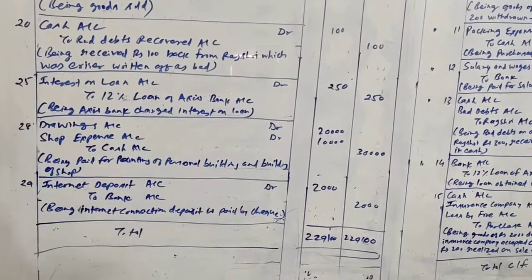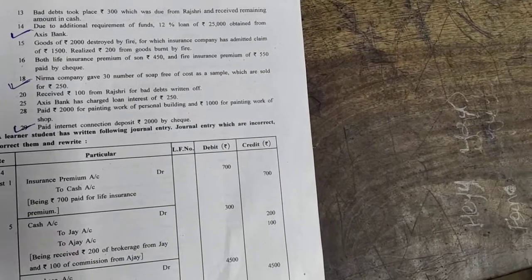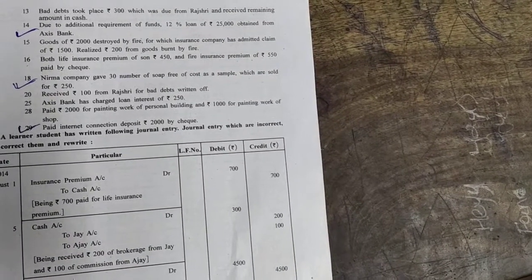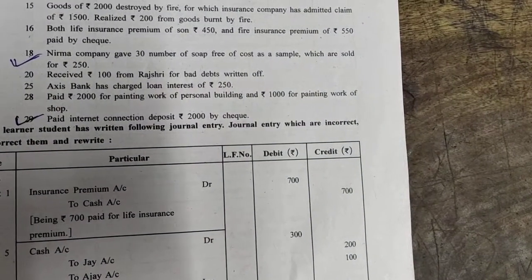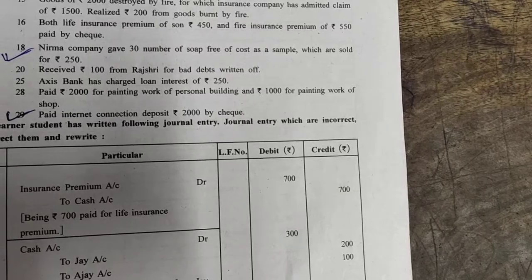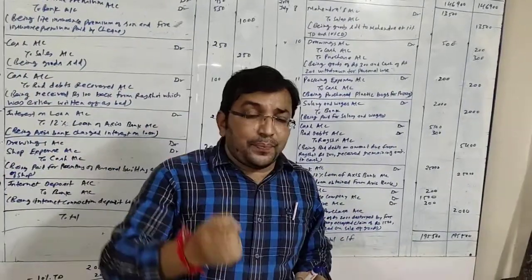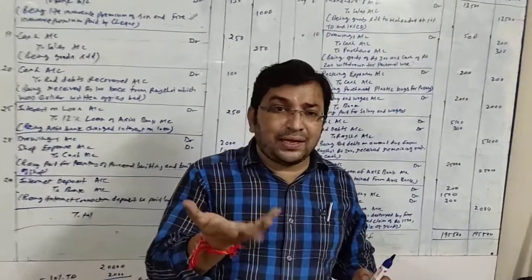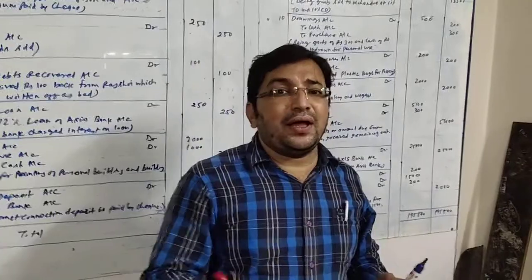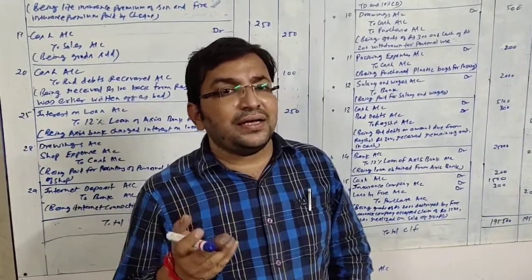Next one is paid rupees 2,000 for painting work of personal building and 1,000 for painting work of shop. The painting work of the residence, that is the personal building, is a drawing, a personal expense, and the painting work of the shop building will be considered as shop expense.